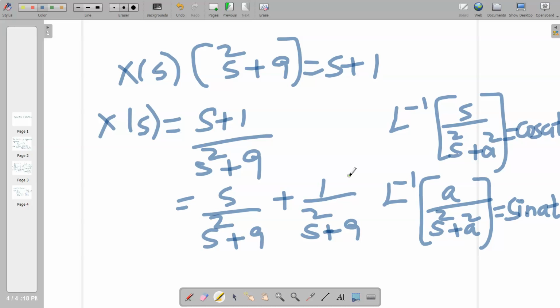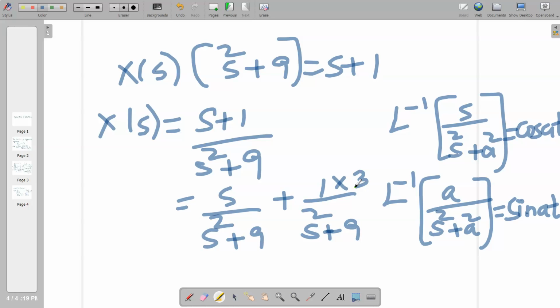Okay. So, what I can do is, as I said, a square value is 9, so a value is nothing but 3. Here also a square value is 9, so a value is 3. Okay. So, in order to apply the formula for your second term, I should get 3 here.